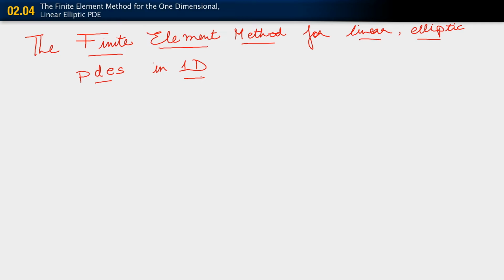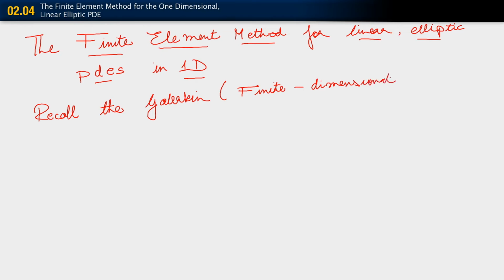Now, we're going to work off the Galerkin weak form. Okay, recall the Galerkin or the finite dimensional weak form.